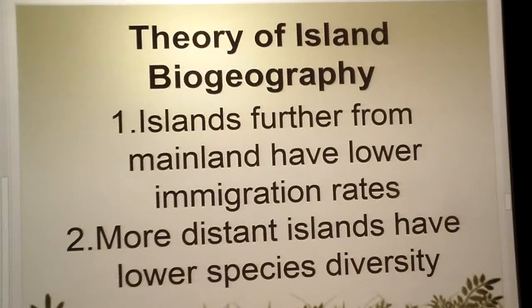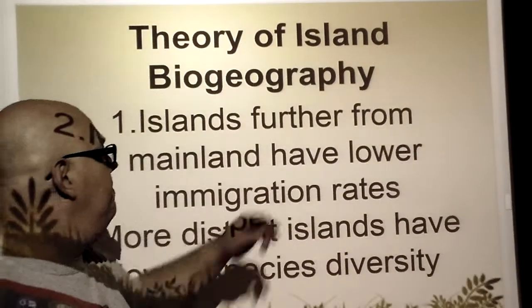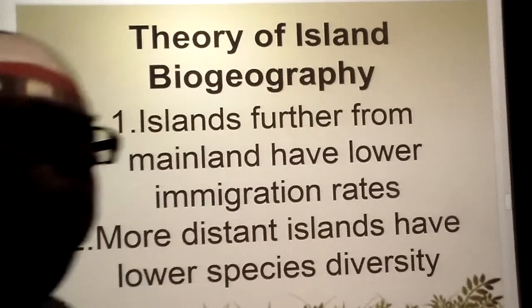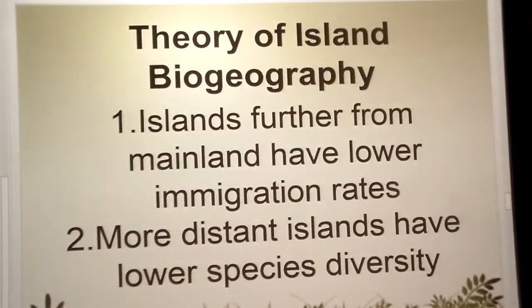So now, going further, islands further from the mainland have lower immigration rates. Now, why is that? You cannot get there. Yeah, it's a lot harder to get there. Okay? We've documented that some animals have gotten onto the island naturally by being on a floating piece of wood. Yeah, we have documented that.